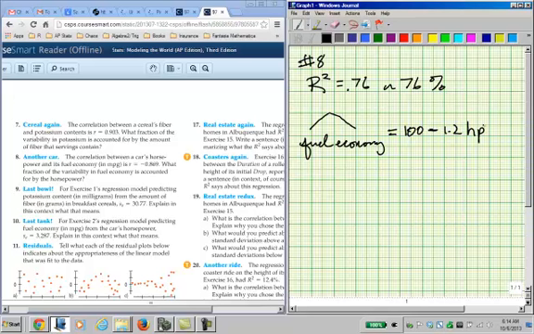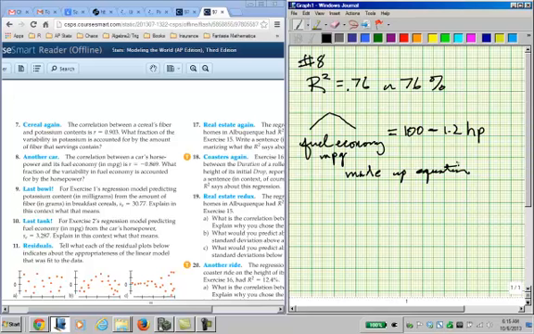So for every increase of 1 horsepower, the fuel economy goes down by 1.2 miles per gallon. And the fuel economy is measured in miles per gallon, the estimated. I'm just making up an equation to illustrate.